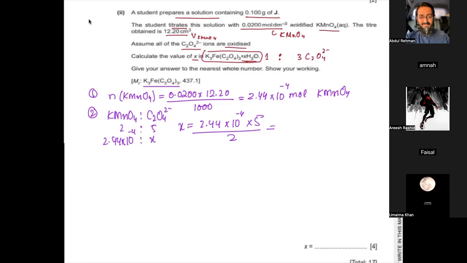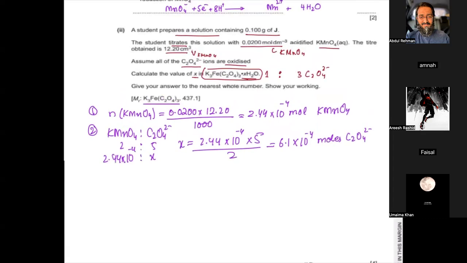So on dividing with 2 and multiplying by 5, we will get 6.1 exponent minus 4. So these are the moles of C2O4 2 negative, right?